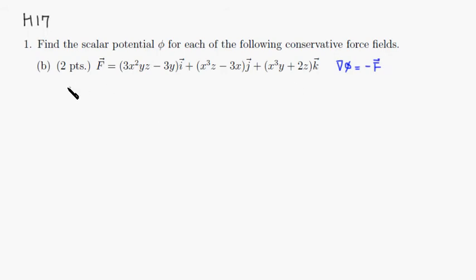So the gradient of phi would be the partial of phi with respect to x, comma, partial of phi with respect to y, comma, partial of phi with respect to z.